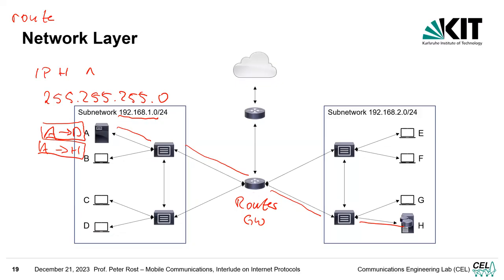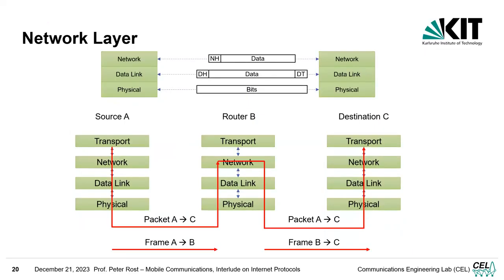Now again the question is, how is this IP address maintained in this end-to-end connection? What is also the difference to this data link layer connectivity, which is illustrated here on this figure? If you take again, this would be our source A, and this would be the server where I want to deliver my IP packet.